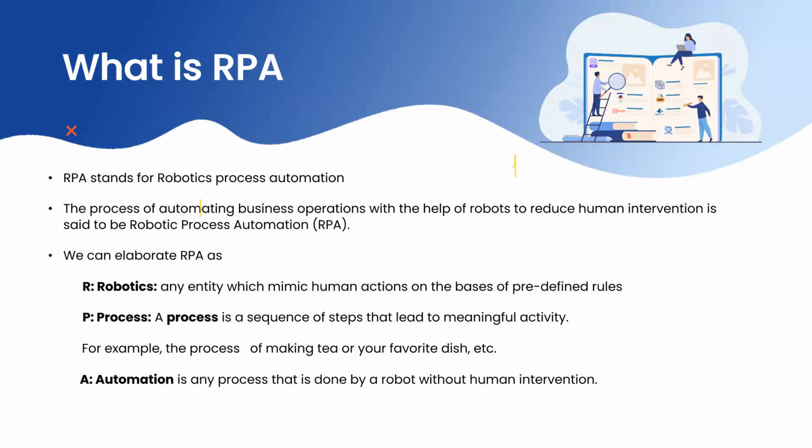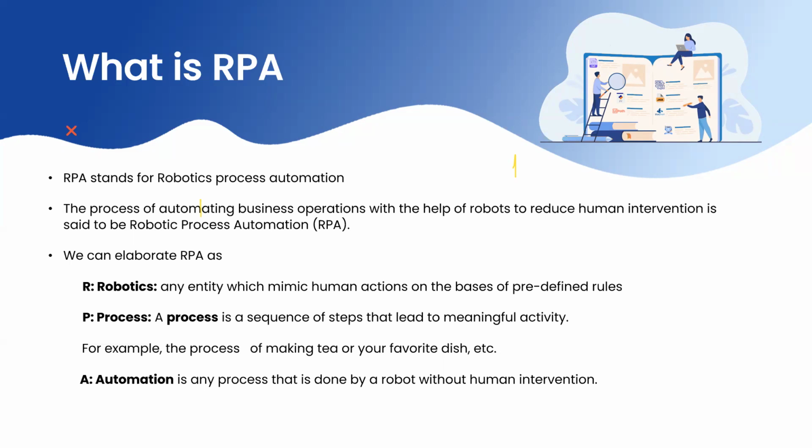Suppose your task is step 1, step 2, step 3, step 4, and my task is step 2, step 4, step 5. I will do your task and you will do my task, and whatever result it is giving you is not useful to you. You will not call it a process. You will say it's just a khichdi, nothing. At the end you're not getting anything, so for you it's not a process.